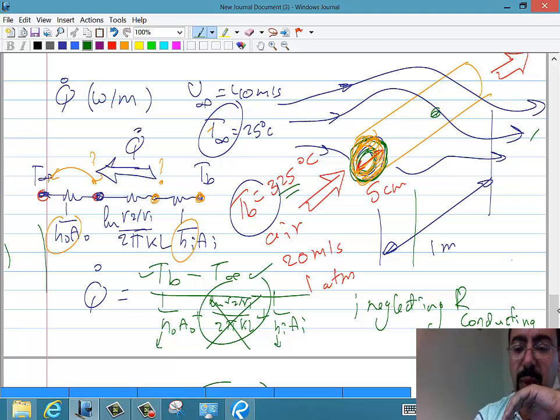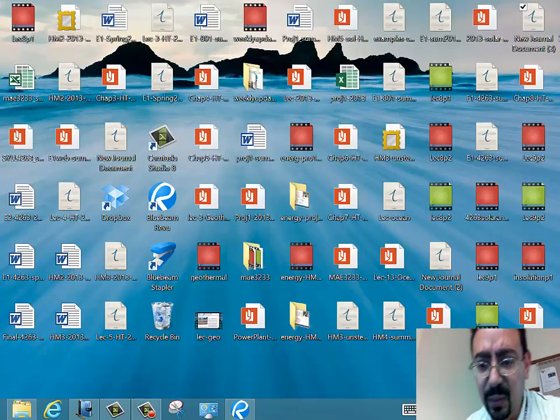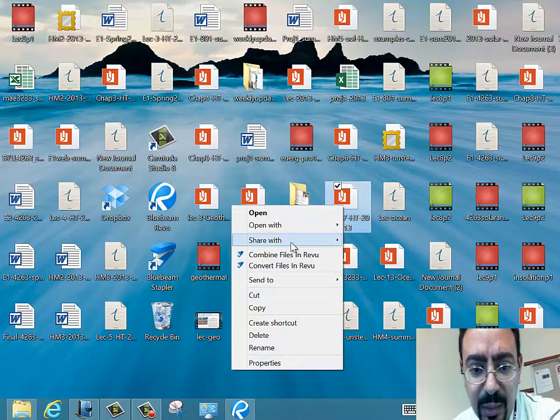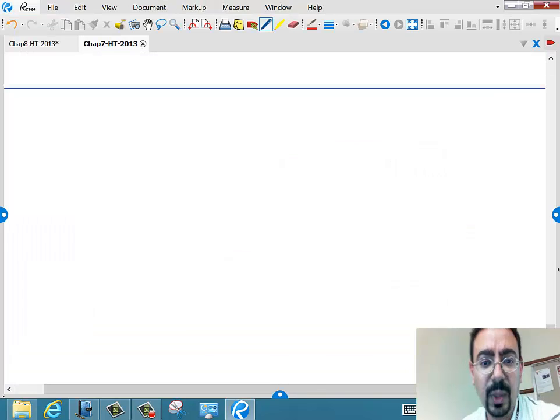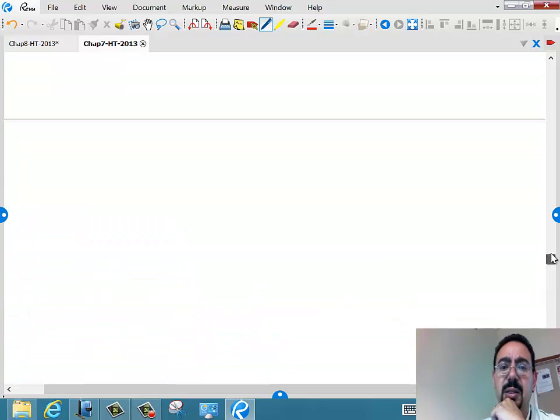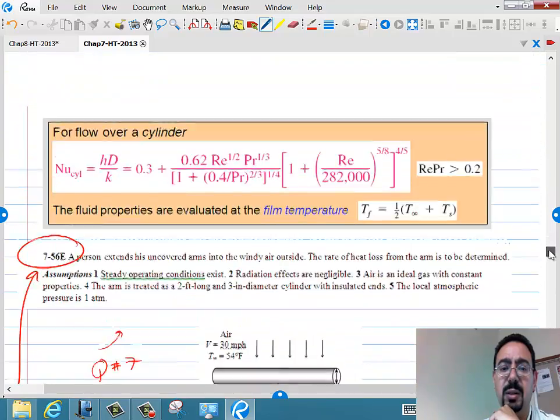So let's actually open, so that's a flow around the cylinder. Let's open the flow around the cylinder here, chapter 7. It's over here. So we'll open chapter 7, and there was this table for a flow around the cylinder.